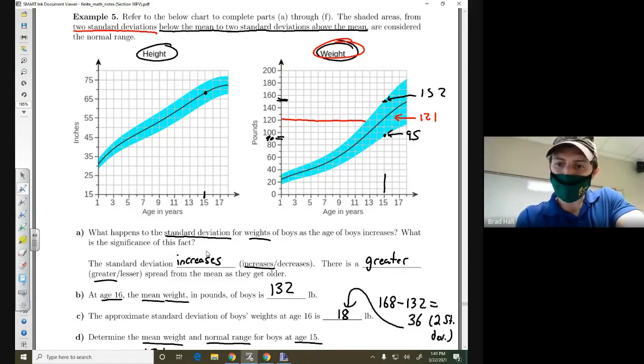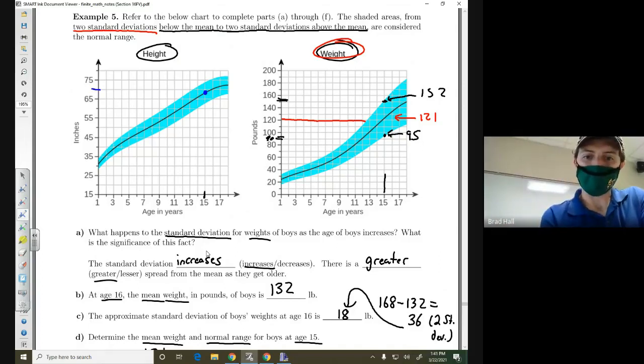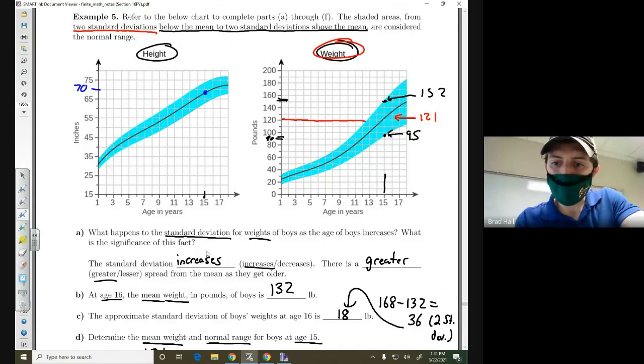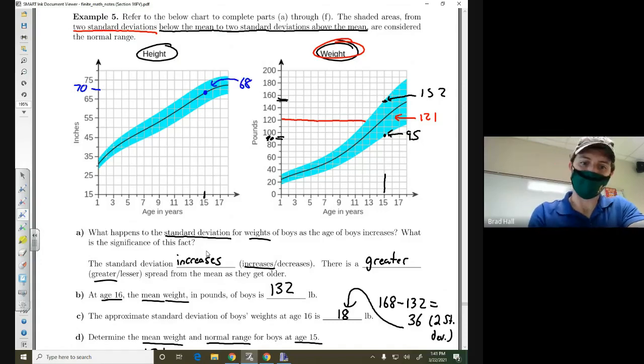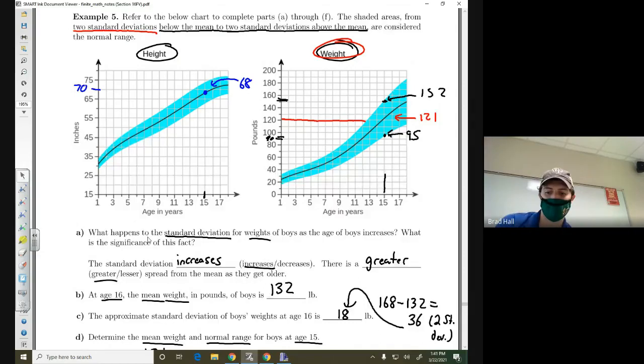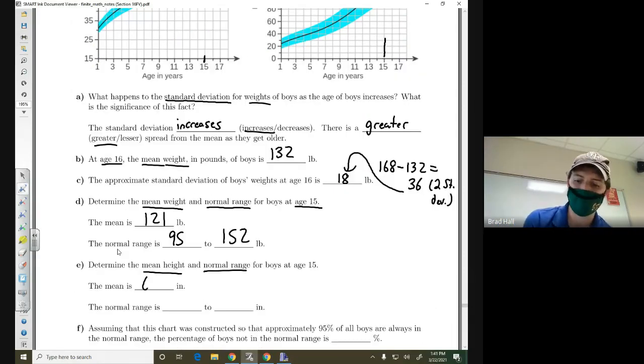At 15, in fact, I'll put it in blue to emphasize it. Our increments are a little bit different. This is between 65 and 70. So I'd say that's 68. I'd say that's comfortably 68 for the mean.